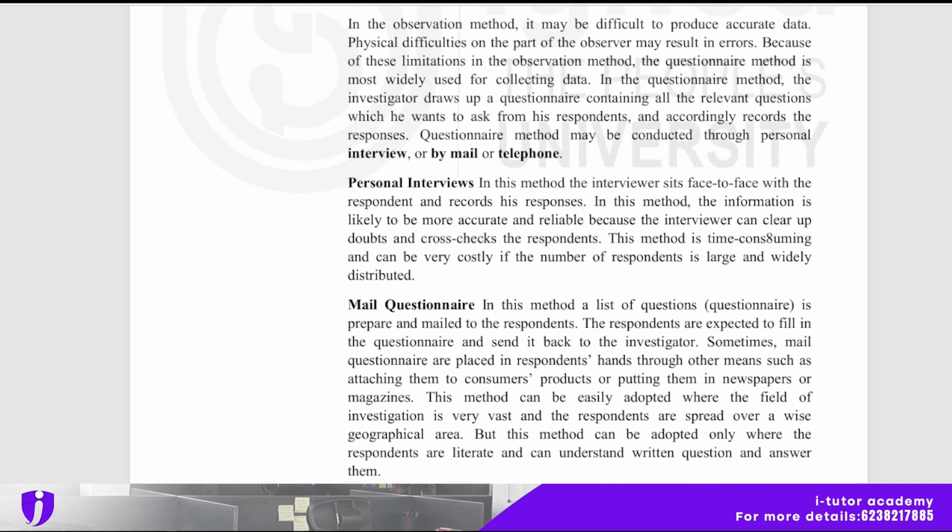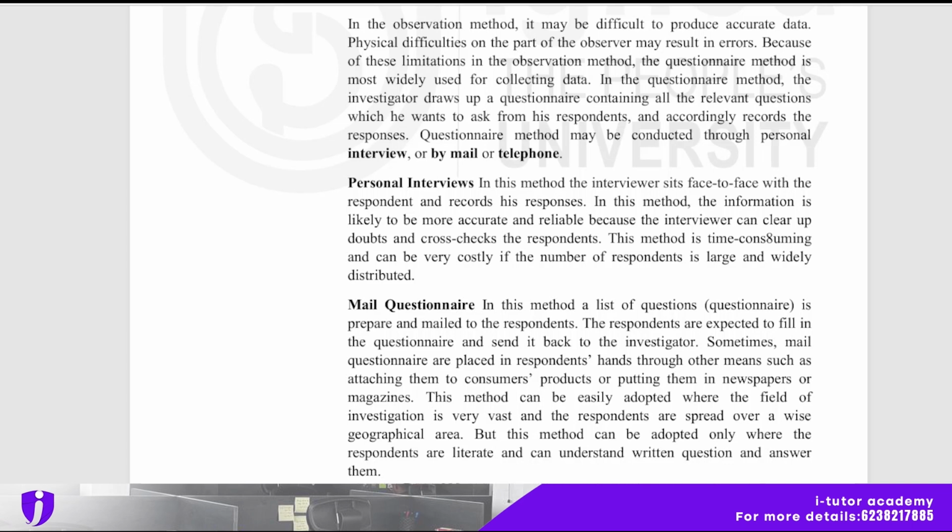Questionnaire method may be conducted through personal interview, or by mail or telephone. Personal interview: in this method, the interviewer sits face to face with the respondent and records his responses. In this method, the information is likely to be more accurate and reliable because the interviewer can clear up doubts and cross-check the respondents.